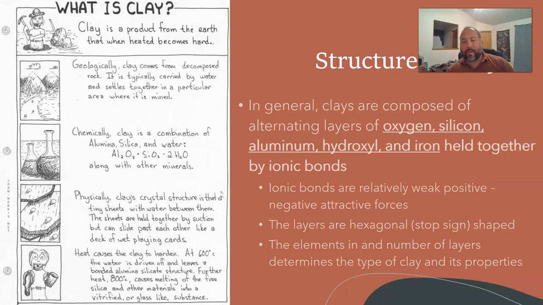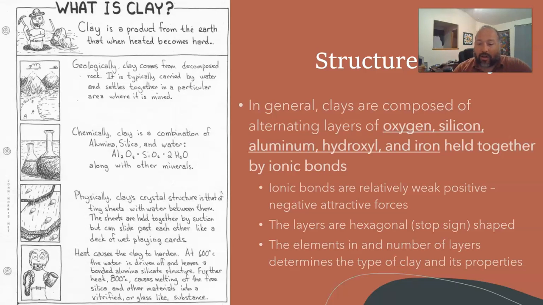So, in terms of the structure, clays are composed of alternating layers of oxygen, silicon, aluminum, hydroxyl, and iron, if we want to go into all of it. But really, the focus is alumina and silica. And it's all held together by ionic bonds. Ionic bonds are relatively weak, positive, negative, attractive forces.